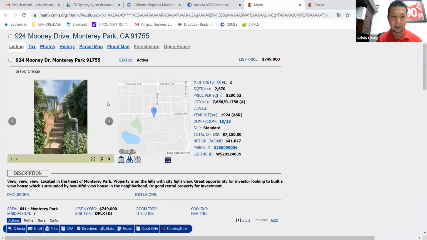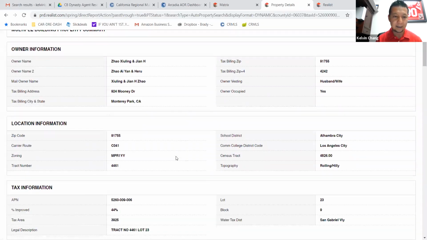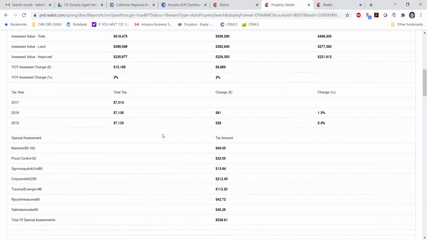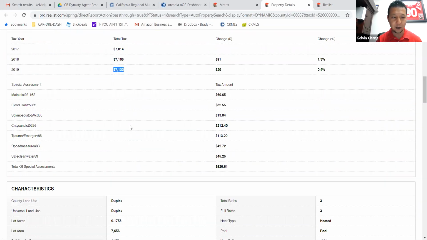Okay, if I want to verify this, I could take a quick look right now, and I want to verify what their property tax is. So I pull up their expenses, I look at their tax year, and in 2009, their tax is $7,133.